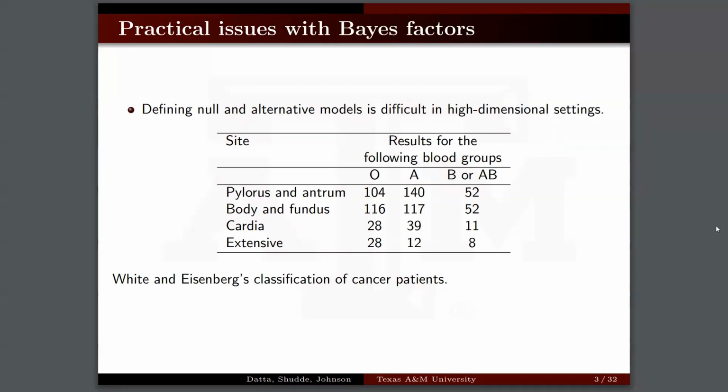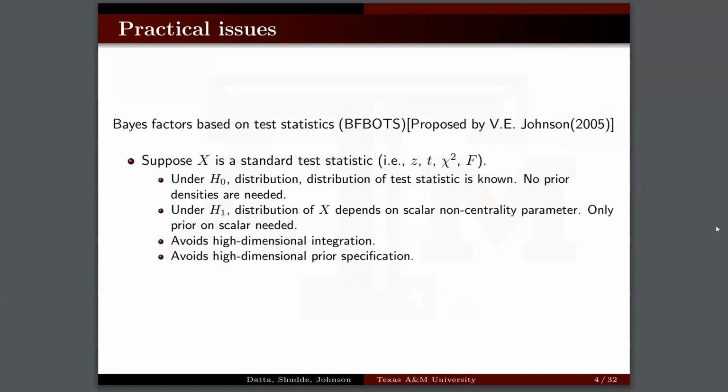So instead of testing for independence, we would test whether the test statistic, say H, has a chi-square distribution with certain degrees of freedom under the null, and under H1, H has a non-centrality parameter. We would specify a prior on the non-centrality parameter and calculate the marginal based on that, which is a high dimensional integral.